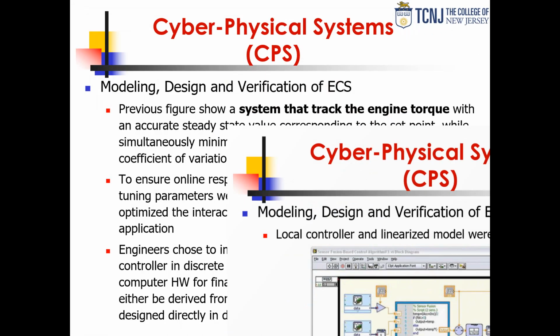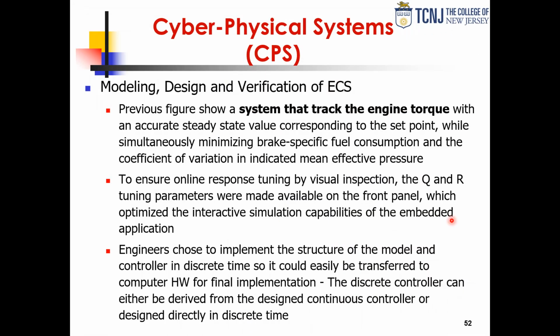So as a description, let's say that the previous figure is a system that tracks engine torque in an automobile. And what we want is an accurate steady state of that torque to some set point that may be an output of the cruise control subsystem.